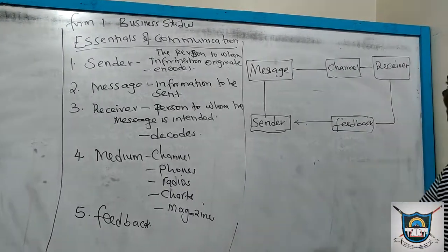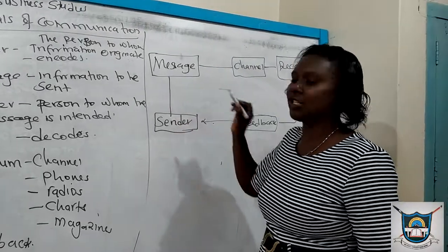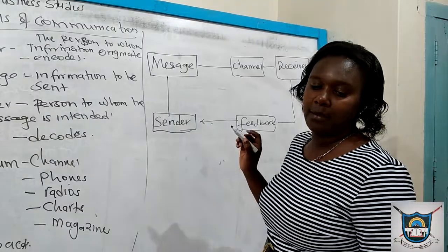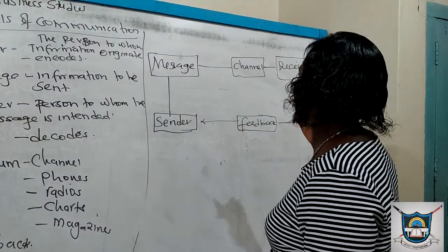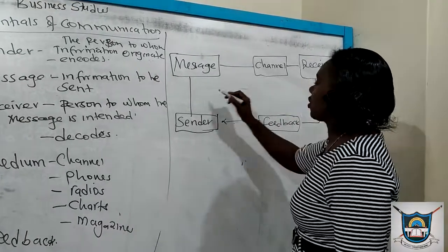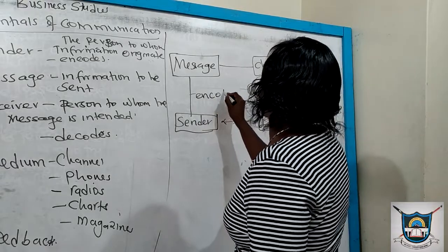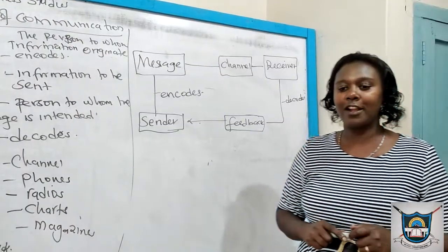Remember, we have said that in between, the sender encodes the message, ensures that it is put in a form so that it can reach the receiver in a good way. And the receiver now here decodes the message. This one encodes. And those are the 5 essentials of communication.